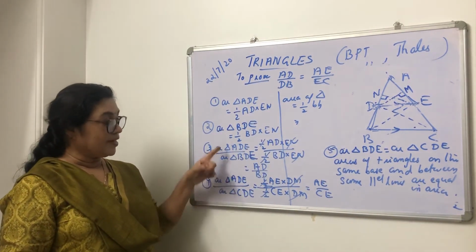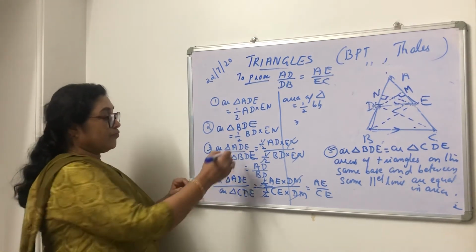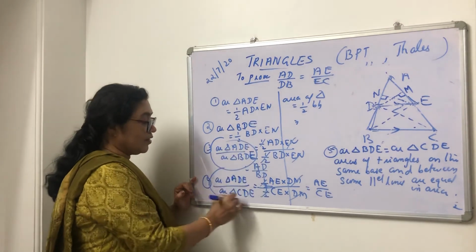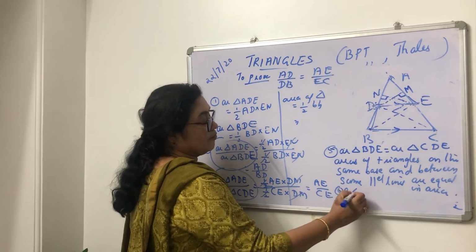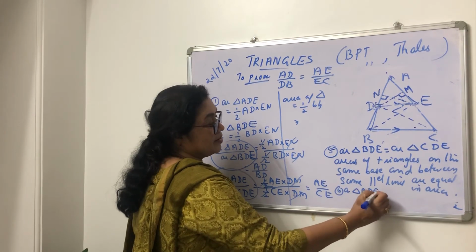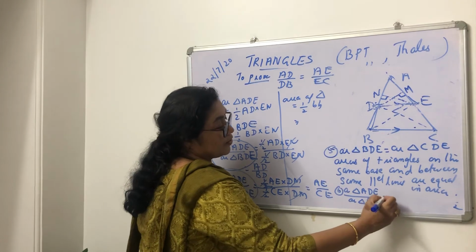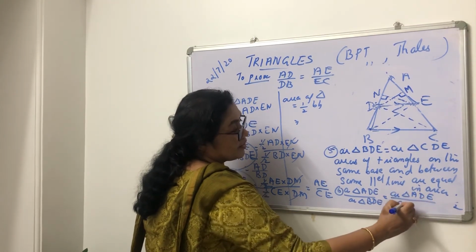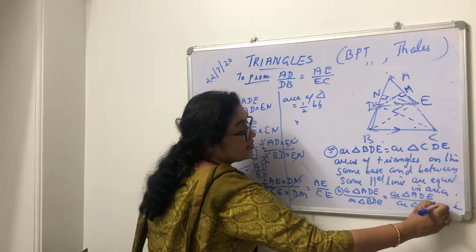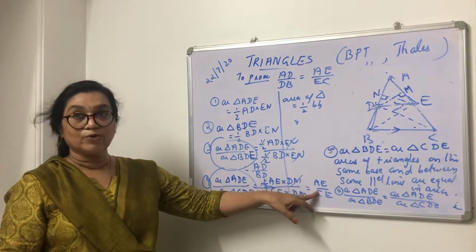Numerator is same, ADE, area of BDE and CDE are equal. Therefore, these two are equal. What are those two? Sixth one, area of ADE by area of BDE equal to area of ADE by area of CDE. So, since these two are equal, these sides are also equal.